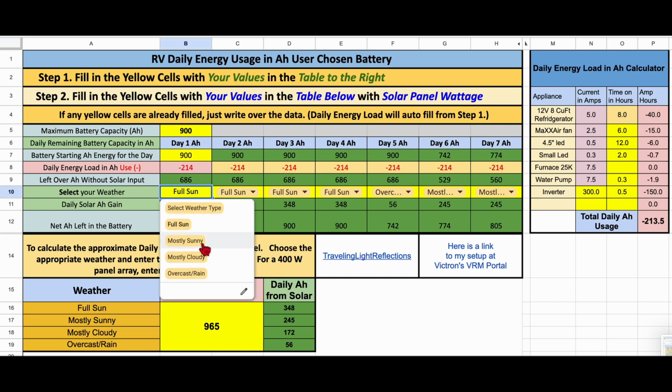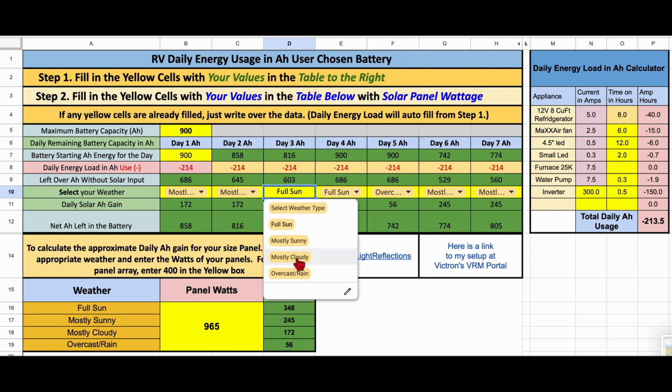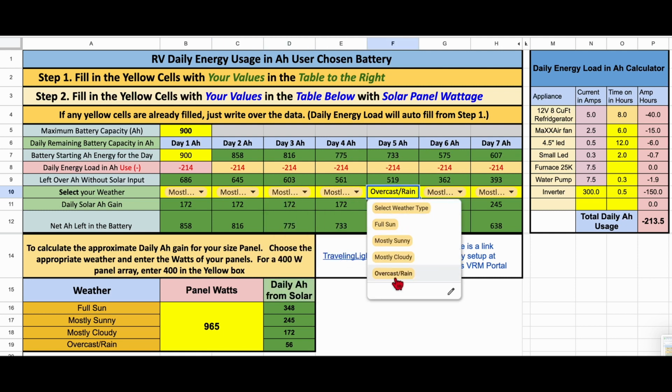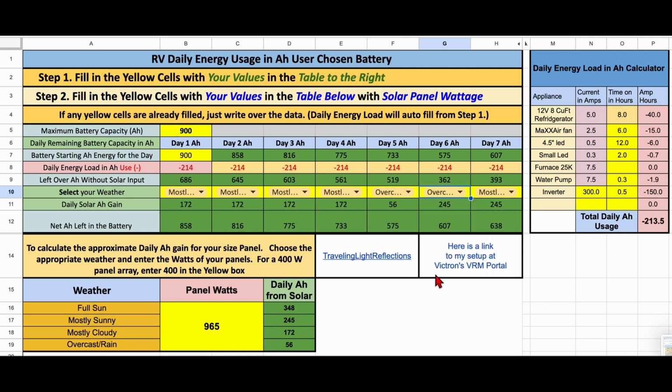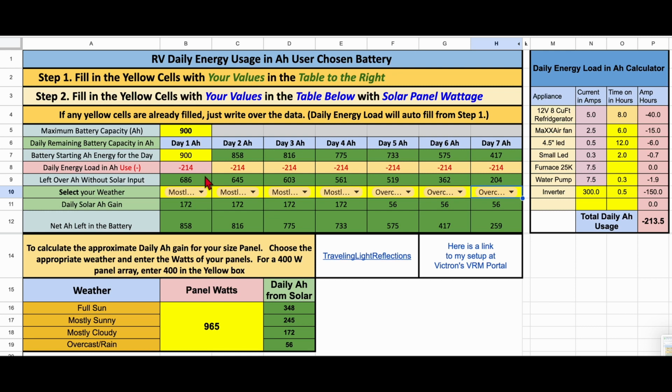And I'm just going to throw mostly cloudy in here. And I'm going to get some rain too at the end of the week. Okay, so using the 200 amp hours throughout the day, notice that I'm just slowly dropping.